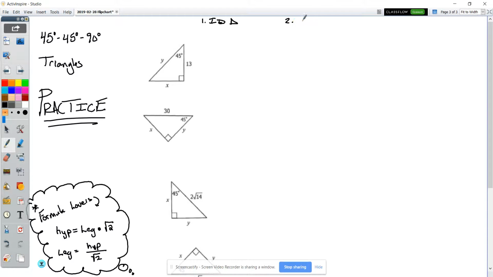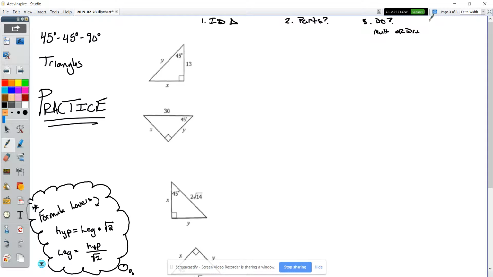The second thing that you're going to hear me do is identify the parts. Is it a leg? Is it a hypotenuse? What are all those parts? After I identify the parts, I'm going to figure out what I'm going to do with the numbers. It's either going to be multiply or divide.